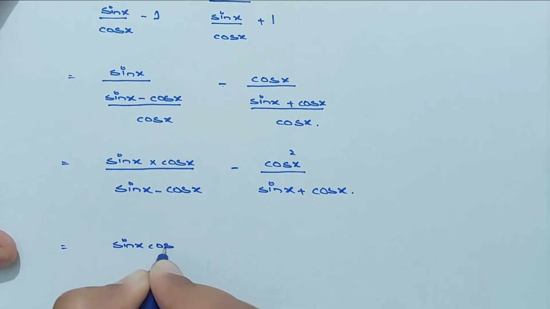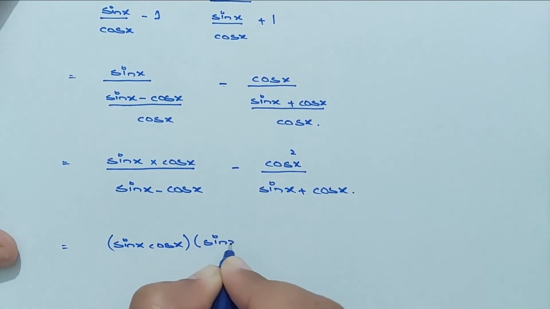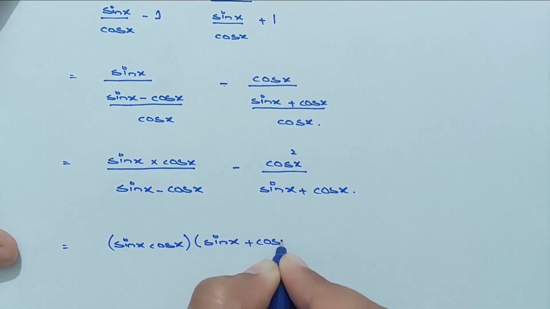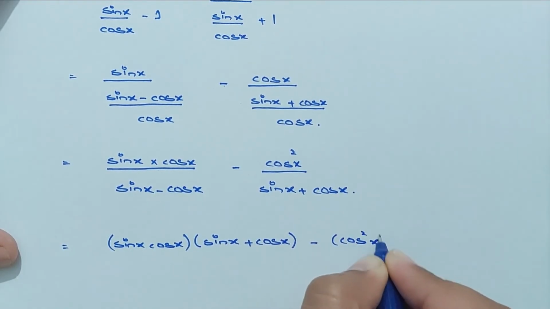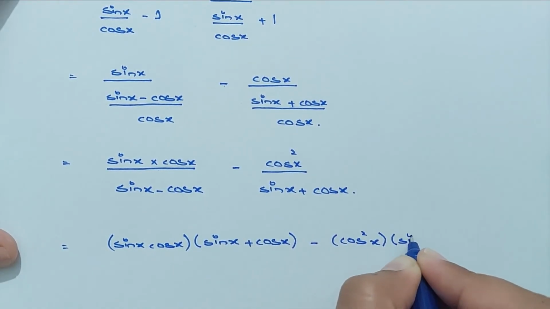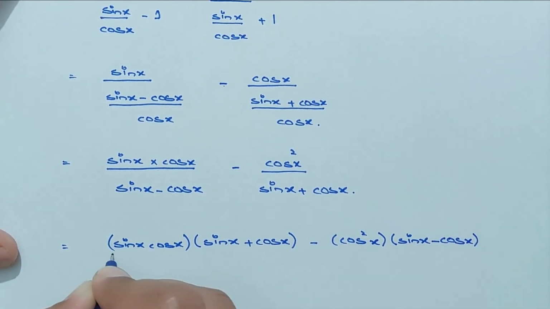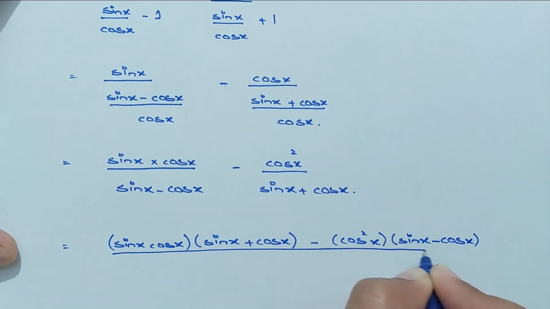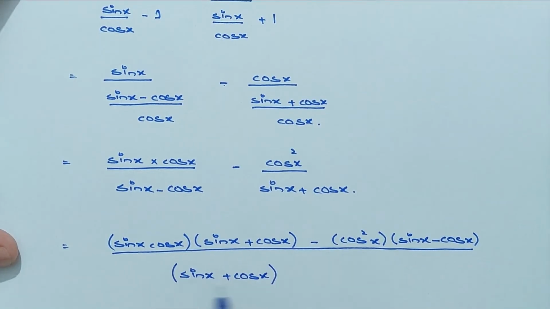Sin x cos x is going to multiply with sin x plus cos x, minus cos square x is going to multiply with sin x minus cos x, over sin x plus cos x into sin x minus cos x.